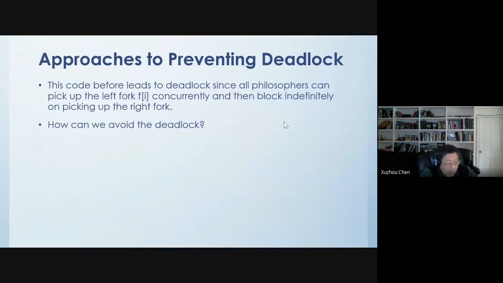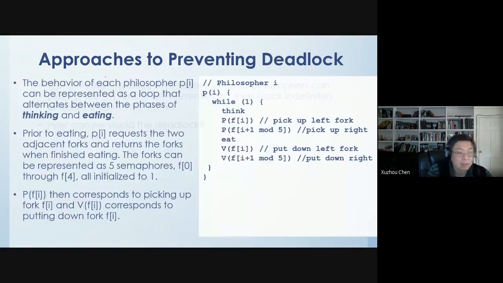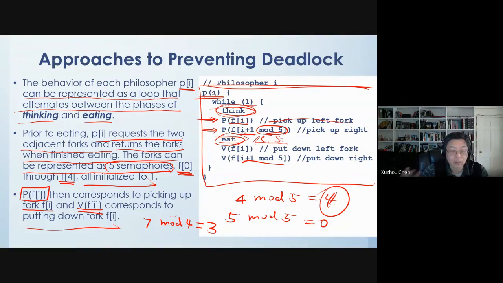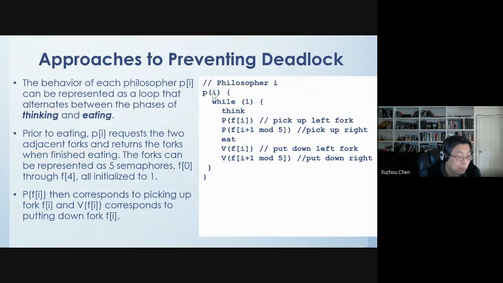This is the code I implemented. Each philosopher is going to run the same code. Philosopher 0 is going to execute P0, Philosopher 1 is going to execute P1. So the value I is different, but the code is identical.